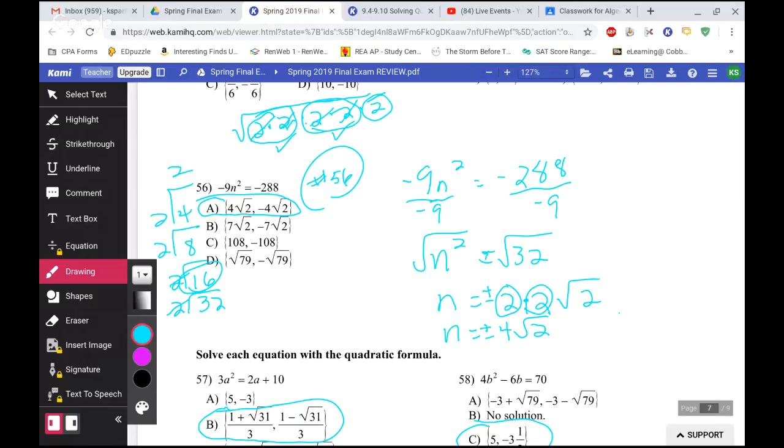The other way I could have written this, and maybe you would understand this better, is 16 times 2. So what's the square root of 16? 4. Times root 2. Would that make more sense to you?